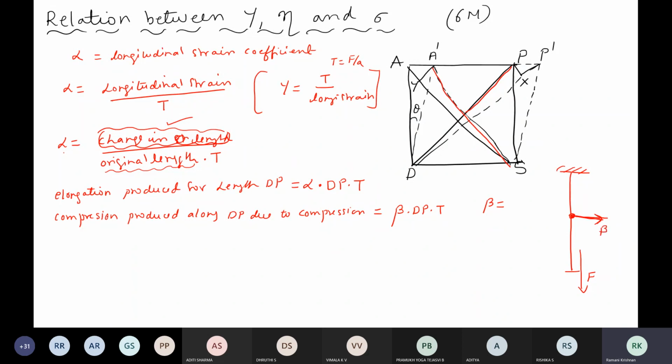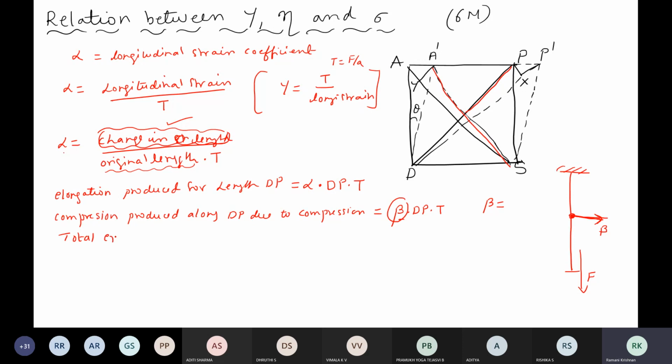So the compression produced along dp due to compressive strain is beta dp dot t. When dp is increasing in length, it is also undergoing change in thickness. That is compression, which is why we have taken the term beta. Now let us see the total effect.